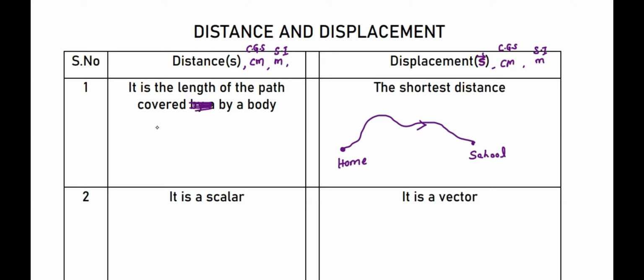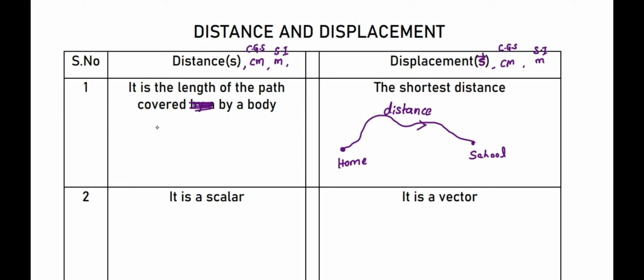So there is no path in a straight line to travel from your home to school. You need to travel like this. Now, what is the distance traveled? If you measure the length of the path traveled by the student here, it is called distance.